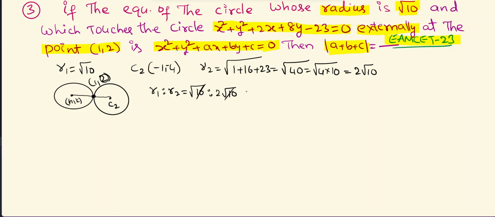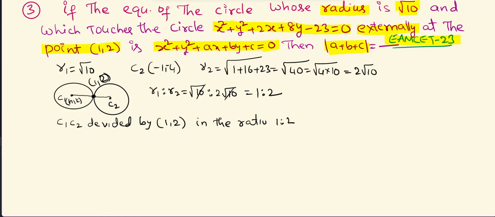Here root 10 cancelled, that is equal to 1 is to 2. That means the point (1, 2) divides both the centers in the ratio 1 is to 2. That is, C1 C2 is divided by (1, 2) in the ratio 1 is to 2.